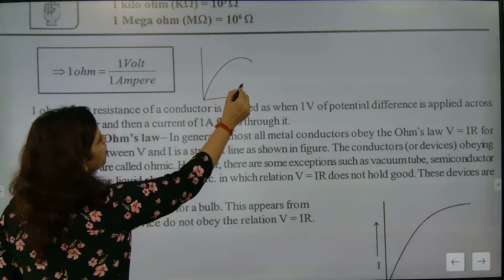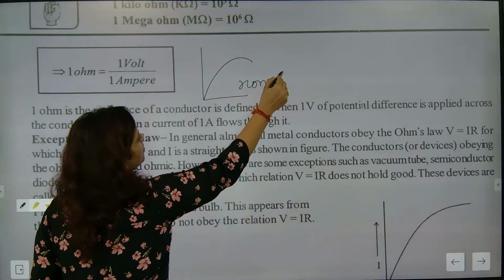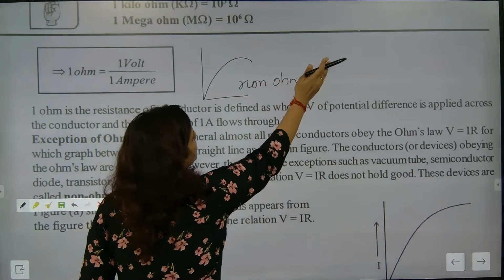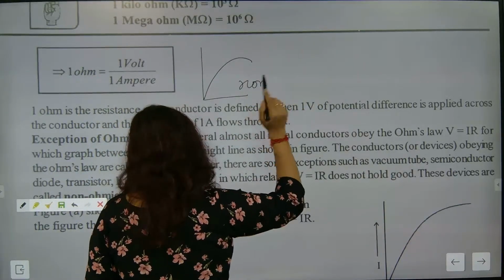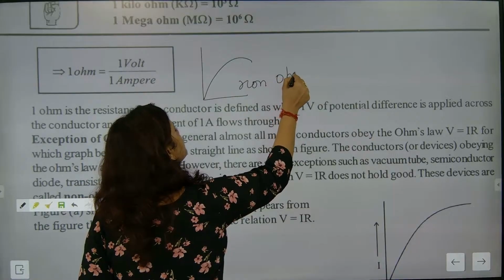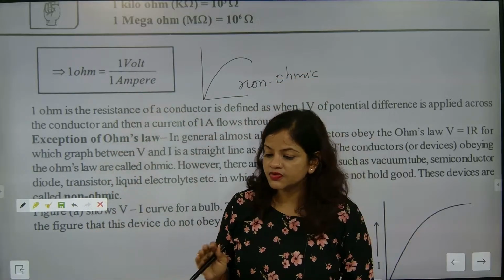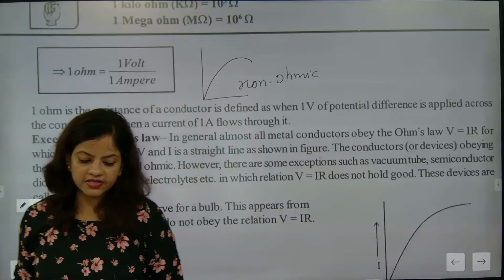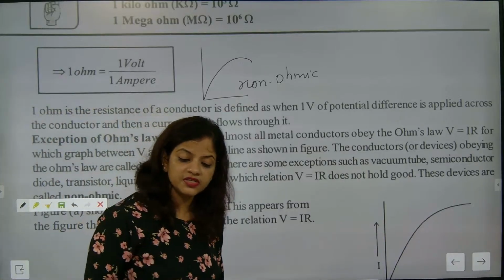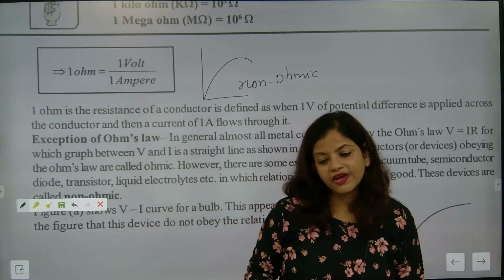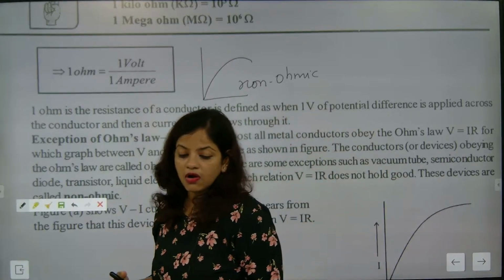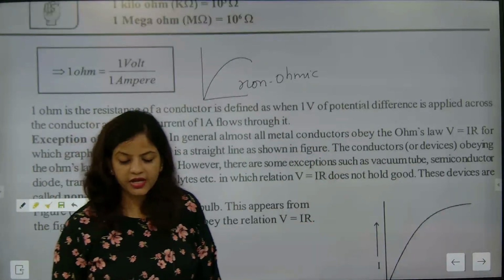So this is for non-ohmic devices, and the straight line is for ohmic devices. So today you understood which devices are called ohmic devices and which devices are called non-ohmic devices.